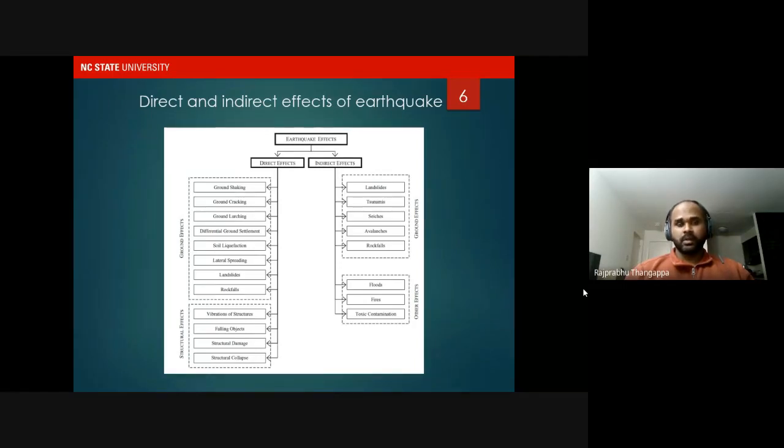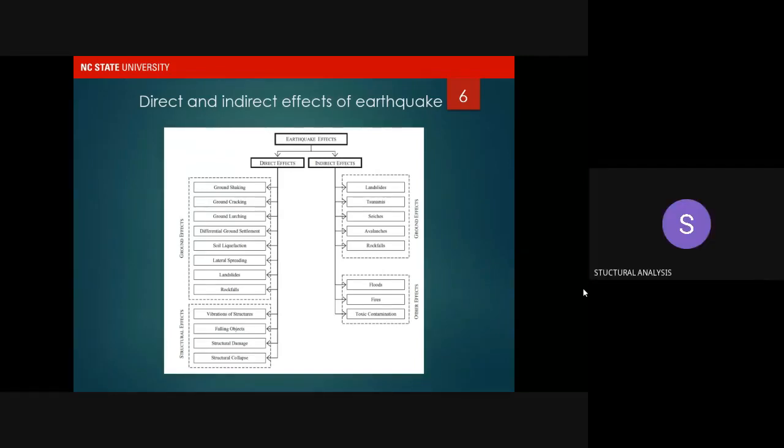As you know, the topic of interest is force-based design. We will be trying to quantify the earthquakes and see how these earthquakes would impact the structure. And we are not that much interested in indirect effects, and these are pretty much placed here just to give a broad perspective on how earthquakes can impact different things.